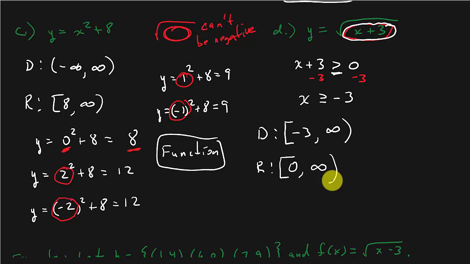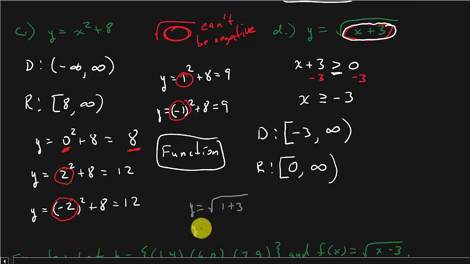Now, is this a function or not? Yes, it's a function. If we take y equals the square root and plug 1 in for x, then y equals the square root of 4, which is 2. Can we get 2 different values for y? No, it's just 2.